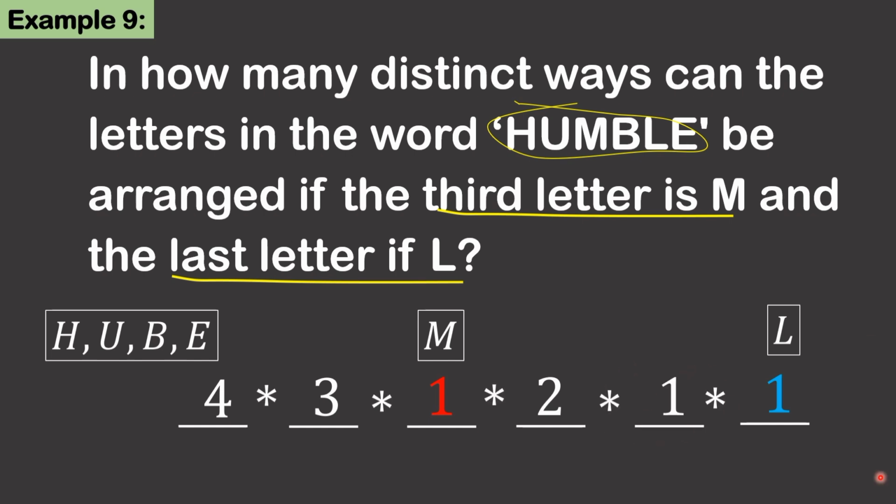So there are 24 distinct ways to arrange the letters in the word humble such that the third letter is M and the last letter is L.